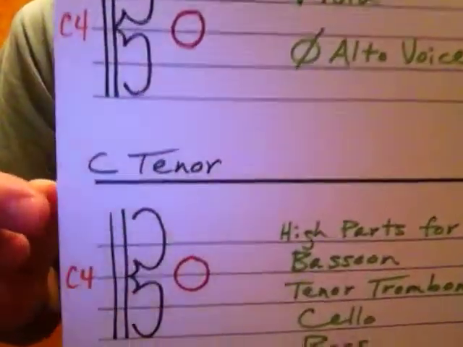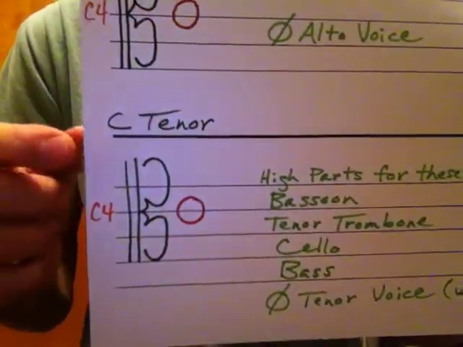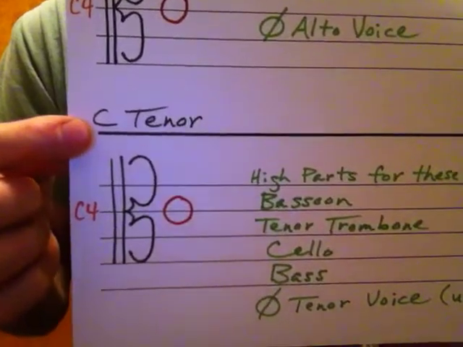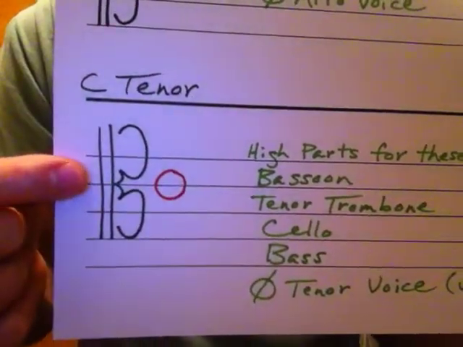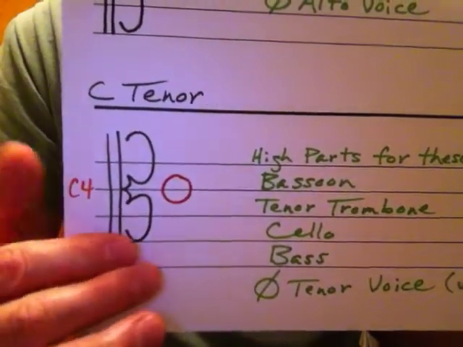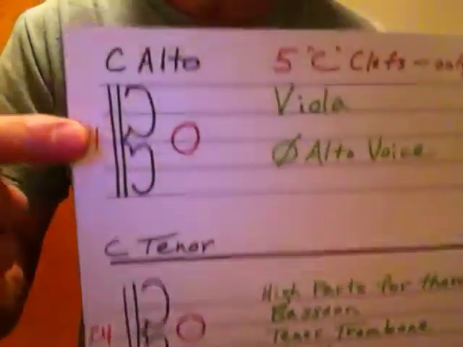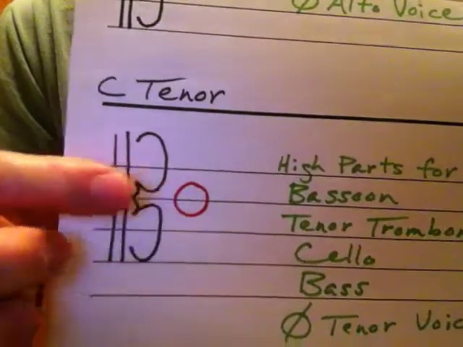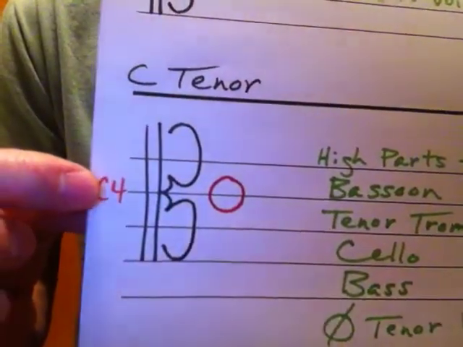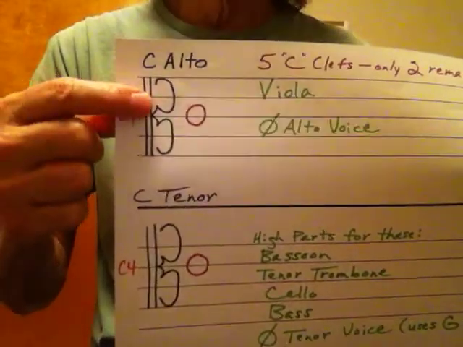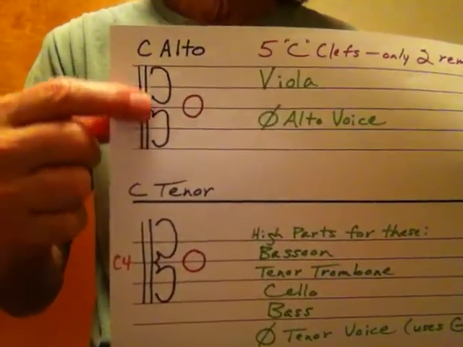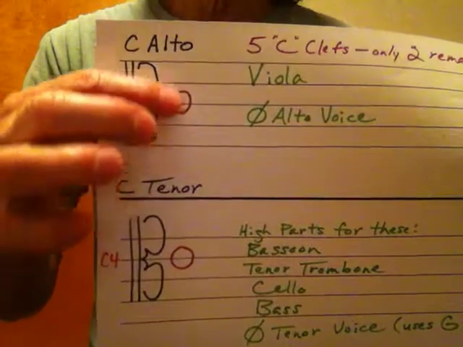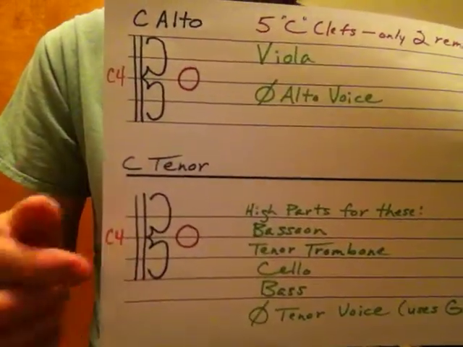Okay? Then you have the other remaining C clef, the C tenor clef, and it looks like this. It's up 1 space higher than this one, and that tells you that any note written on that line will make the tone C4. All right, you see the difference? This one's positioned between all the lines neatly. This one's raised up a little bit.